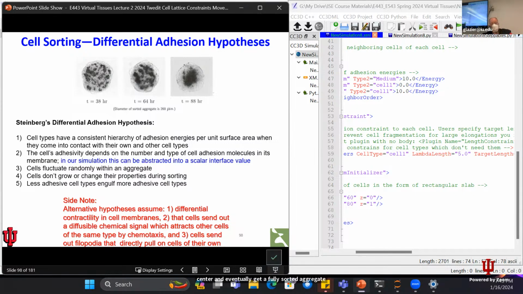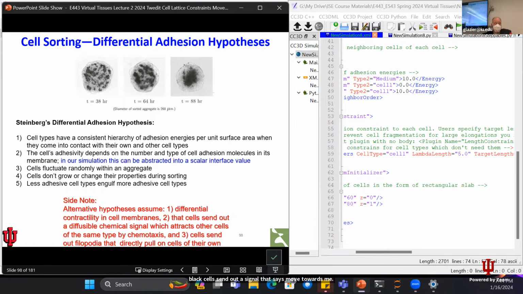Now, there are a variety of other possibilities, in particular, that the contractility of the actin cytoskeleton varies between cells, and that's probably true. The cells could be sending out a chemical signal where black cells send out a signal that says, move towards me. That would be a chemotaxis hypothesis.